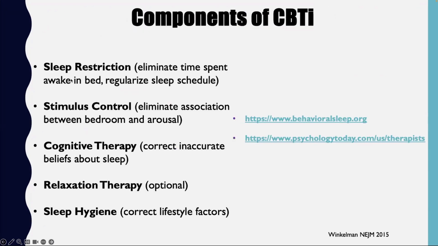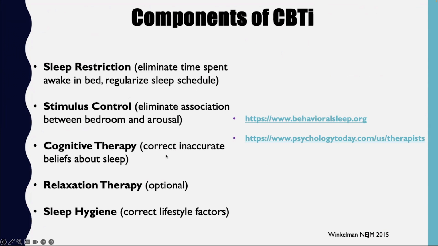So components of CBTI include sleep restriction, which means eliminating time spent awake in bed and regularizing your sleep schedule; stimulus control, which means eliminating the association between bedroom and arousal; and cognitive therapy, which helps you correct some inaccurate beliefs about sleep.